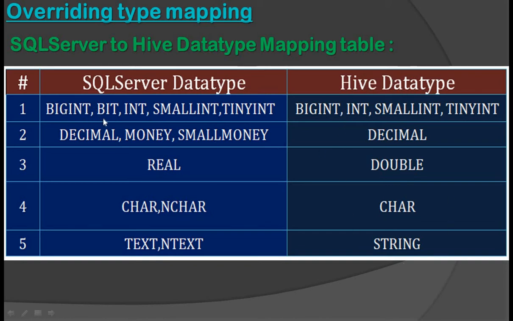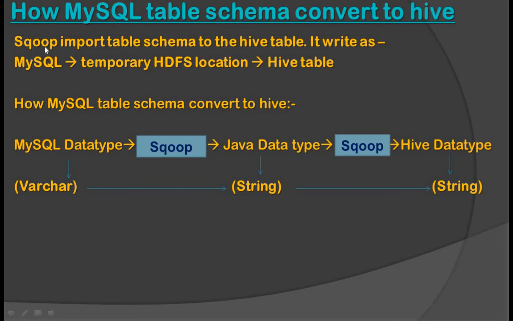SQL Server has bigint, int, smallint and tinyint, and with respect to these, Hive has bigint, smallint and tinyint. So in this table we can see that Hive does not have the same data types as SQL Server. How can we import data from SQL Server to a Hive table? Scoop imports the schema to the Hive table.